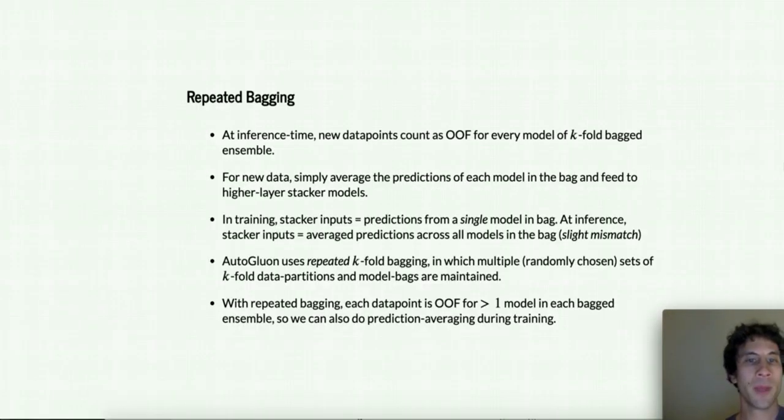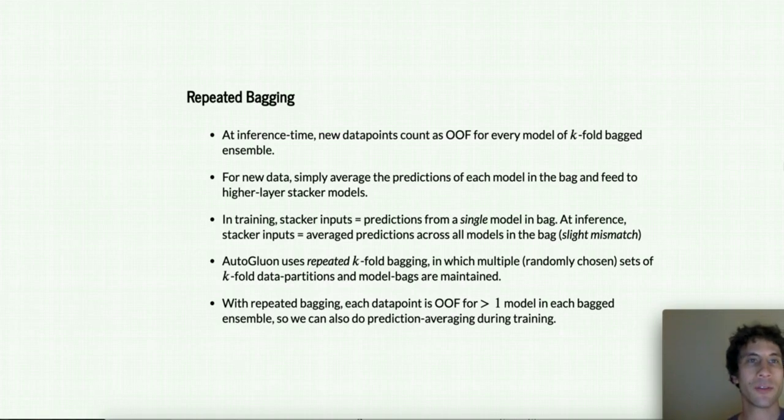At inference time, new data points count as out-of-fold for every model in a k-fold bagged ensemble, because presumably these points haven't been seen during training. For a test data point like this, we simply average the predictions of each model in the bag and feed the resulting output into higher layer stacker models.